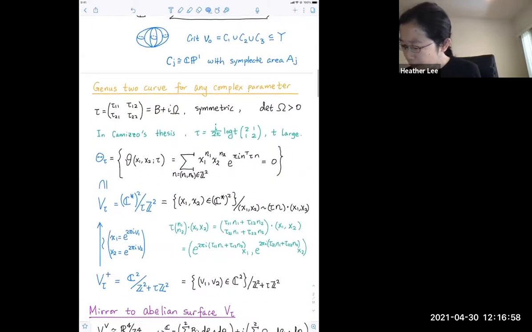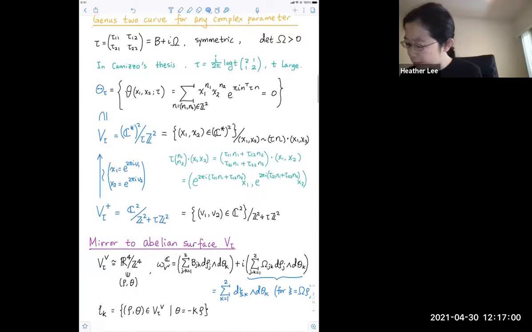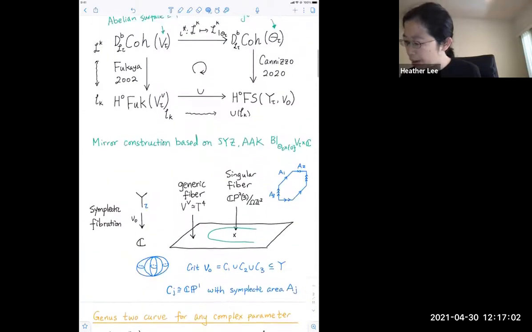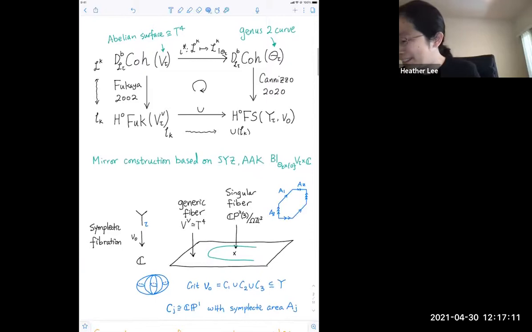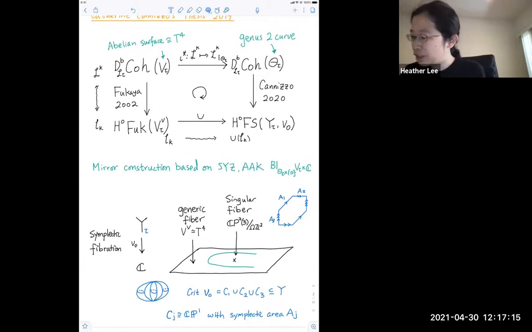Now let's talk a little bit more about how this Y is explicitly constructed. Oh yeah, sorry. Let's first complete this picture. There's this genus 2 embedding here, and the pullback of the embedding gives a functor from Lagrangians, powers of this ample line bundle restricted to line bundles on the genus 2.